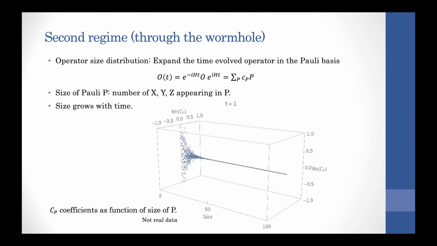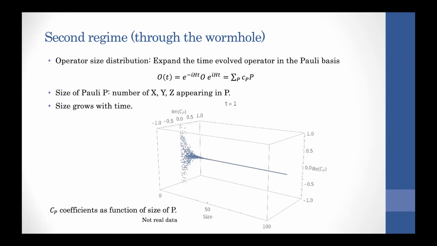So as it was explained very nicely by Tommy today, I'm going to talk about the operator size. And everything I'm saying here can be interpreted for both Majoranas and for Paulis. But I'm sticking with Paulis because it's easier to explain. So you start with a local operator like a local Pauli, x, y, z, and you time evolve it.